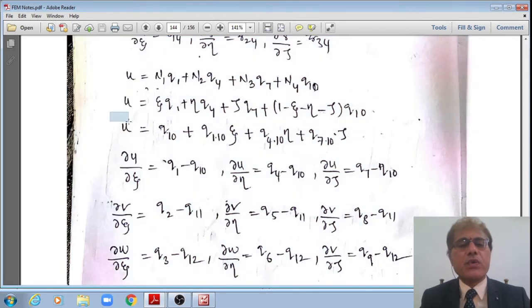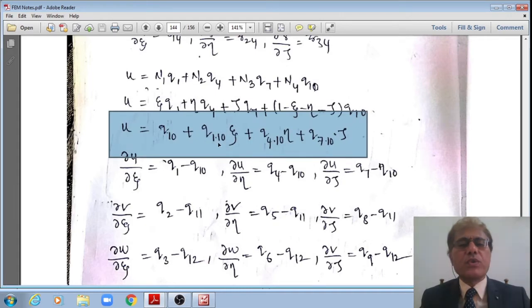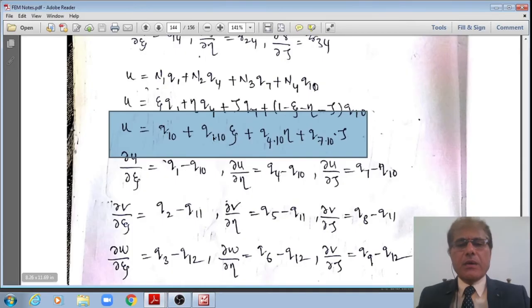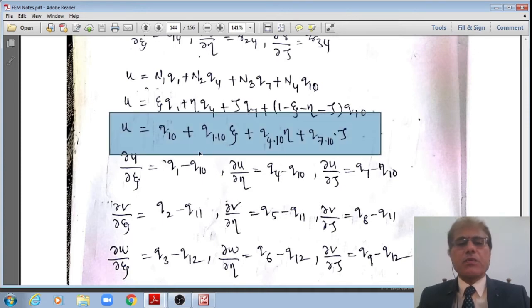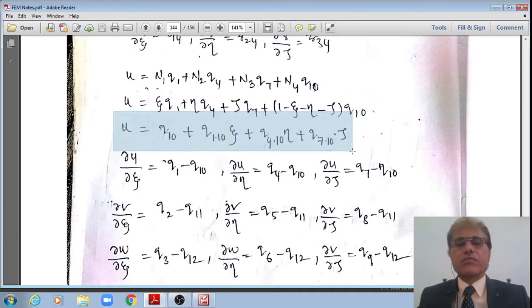Therefore, doing which, now I'll get u is equal to q10 plus q1 minus q10 multiplied by xi, q4 minus q10 multiplied by eta, and q7 minus q10 multiplied by zeta.